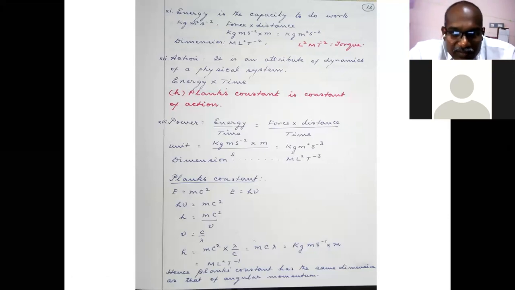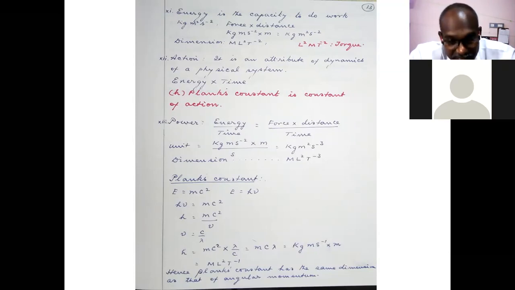What is action? Action is an attribute of the dynamics of a physical system. That is energy multiplied by time. It is called action. What is energy? Energy is M L square T power minus 2.